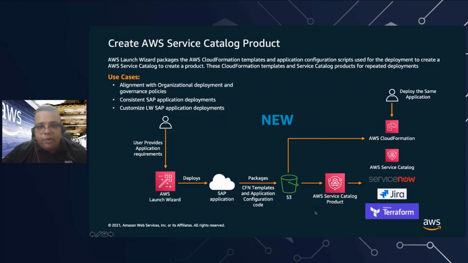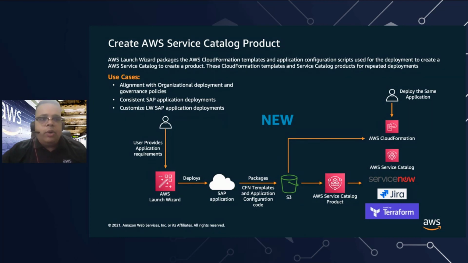Second is versioning. Adapt new Launch Wizard features and capabilities at your own pace. The third is simplification. This launch allows our customers to reduce the number of inputs needed to repeat deployments of similar AWS SAP deployments. For example, when deploying multiple HANA systems of the same version in the same VPC, and sometimes even in the same subnet, you can default these settings in the AWS Service Catalog and let the end user only interact with the other inputs, change the HANA SID, change the HANA instance number, and so forth.